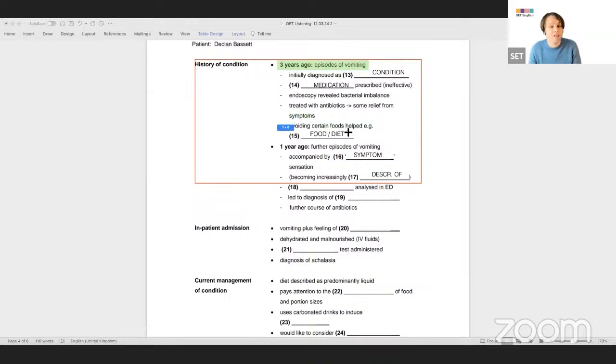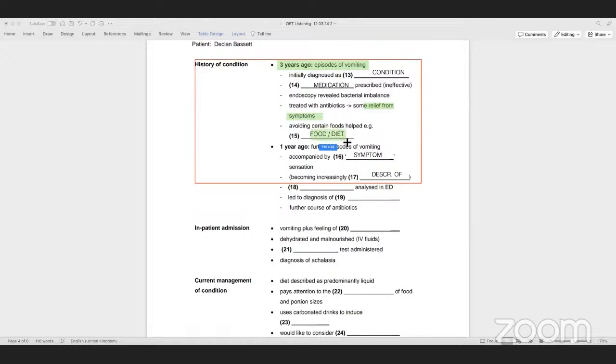Why not? This is not a good signpost. Because it's too close. Yeah, it's too close. Same line. We're listening for maybe relief from symptoms. What does relief mean, guys? Relief. Getting better. So when Declan Bassett starts to say, oh yeah, my symptoms were getting better or were relieved, then you know he's going to say food, a food example.